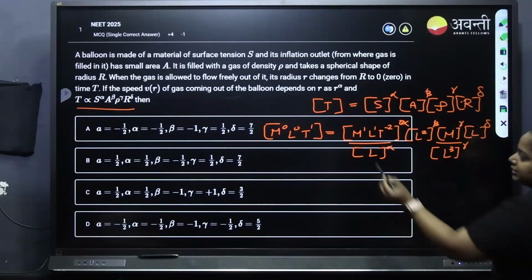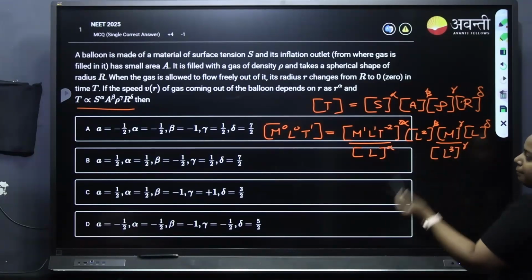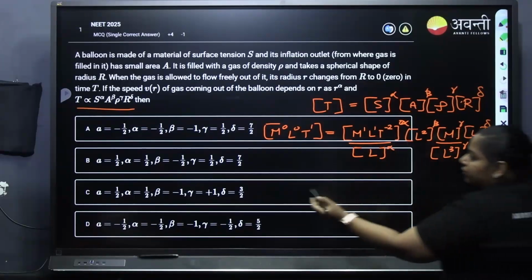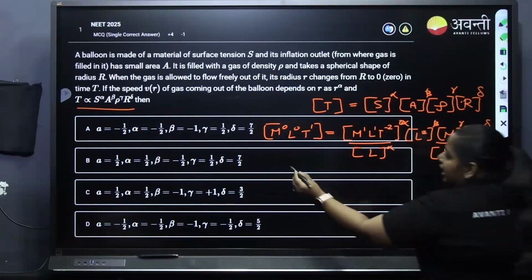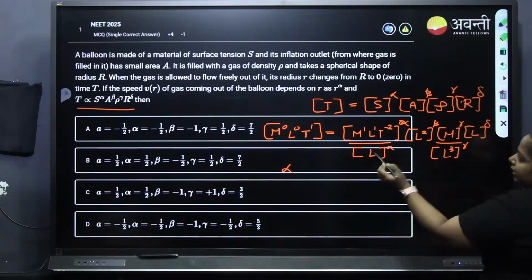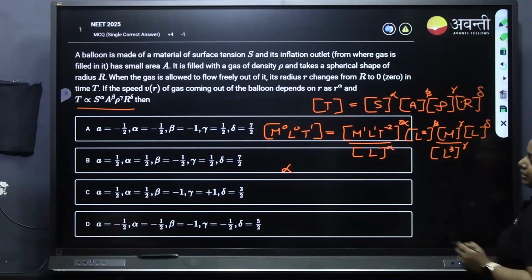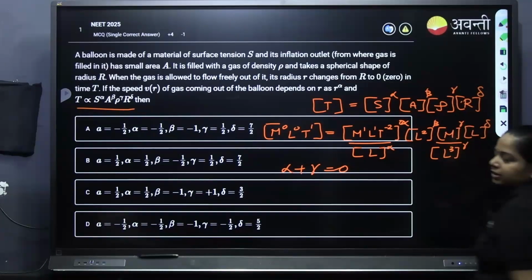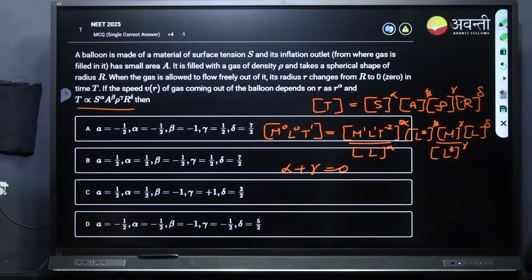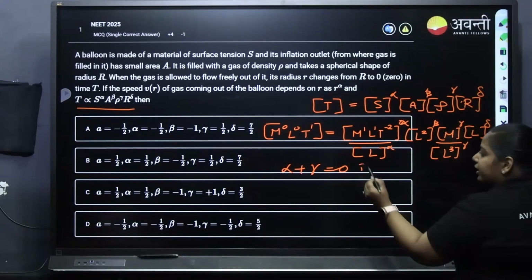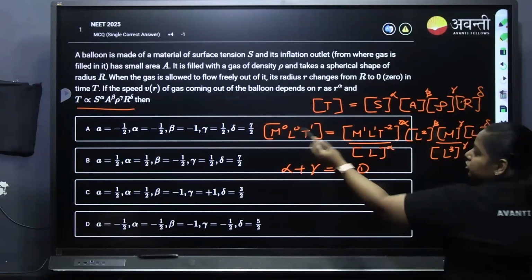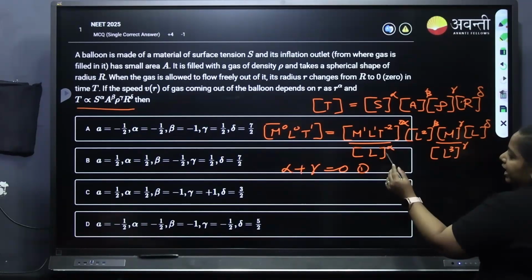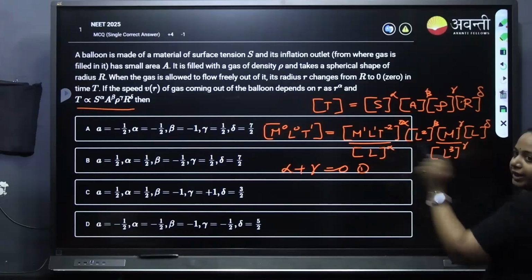What you have to do is, for M the power should be 0. Total power of M on this side should be equal to 0. So M alpha, M gamma is coming. So alpha plus gamma is equal to 0. First equation we will get. Next take L. For L also the total power should be 0. L alpha is here, L alpha is here, it will get cancelled.